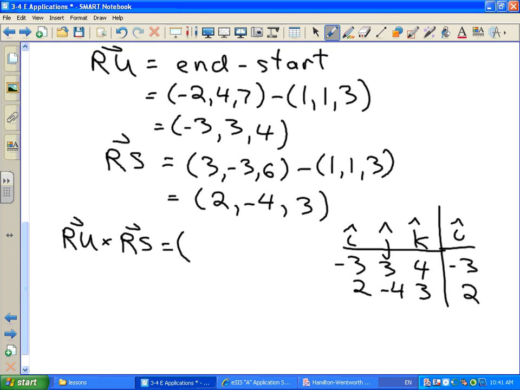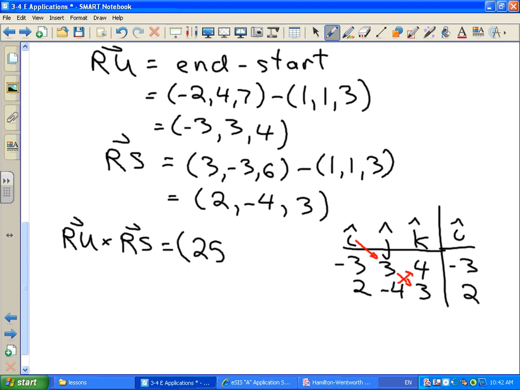So let's do our cross product. We want to start with our i component here, which means we want to go down on an angle there, and we get, let's see, 3 times 3, which is 9, minus -16, so that's going to give us 25. Okay.